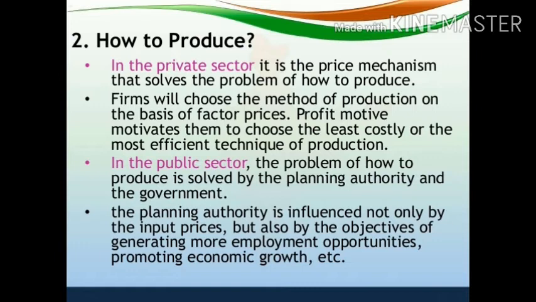Firms will choose the method of production on the basis of factor prices. Profit motive motivates them to choose the least costly or the most efficient technique of production. So here the most important part is profit. So profit motivates the producer to choose the least costly or the most efficient technique of production.